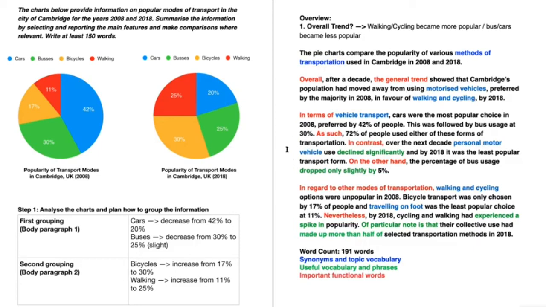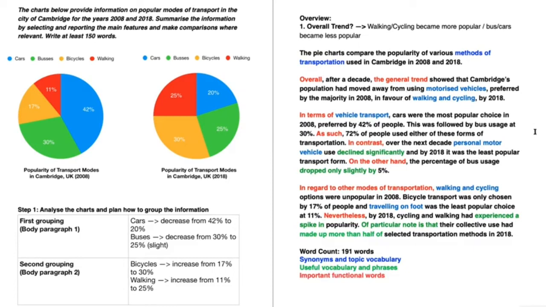Now our first body paragraph coincides with our first grouping here. And it says, in terms of vehicle transport, cars were the most popular choice in 2008, preferred by 42% of people. So I've got vehicle transport, which is a great way to talk about buses and cars together. And I see that cars were the most popular choice there.